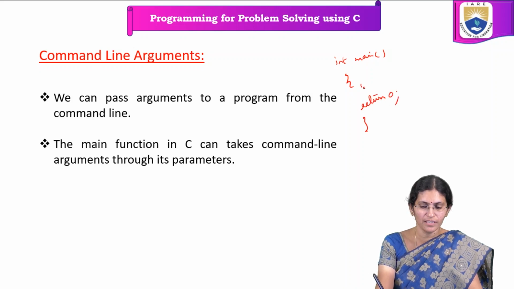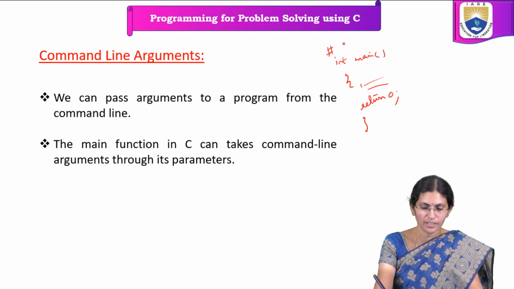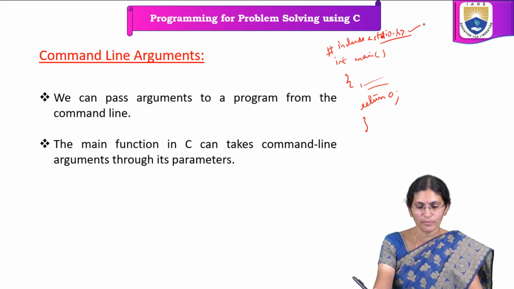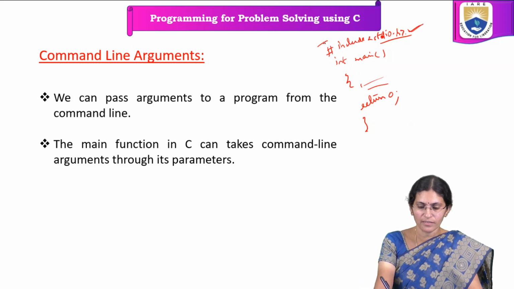There is the declaration part, the executable part, and the header files. The main header file to be included is stdio.h, and depending upon the need of the program, other header files are also included in this section.